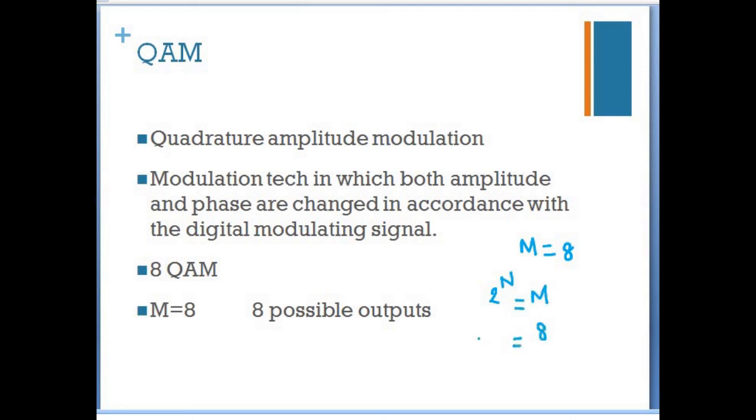M equals 8, so 2 power n equals 8, so n equals 3. So n is the symbol size, so the symbol size must be 3. So the possible symbols are 0, 0, 0, 0, 0, 1 up to 1, 1, 1. So to get 8 possible outputs, we have to apply 8 different input conditions like 0, 0, 0, 0, 0, 1, 0, 1, 0 like this.